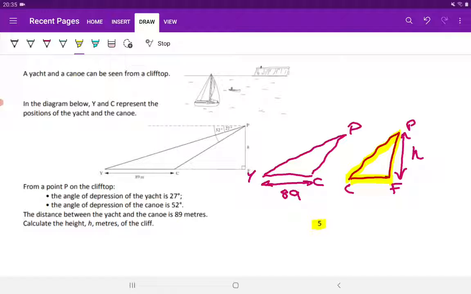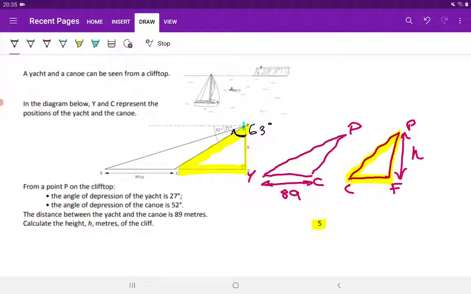Now, what we need to realise, guys, is we've not got very much information here. What we've got is that this little angle in here is 27 degrees, and that therefore means that this angle here, from here to here, must be 90 minus 27, which must be 63 degrees.